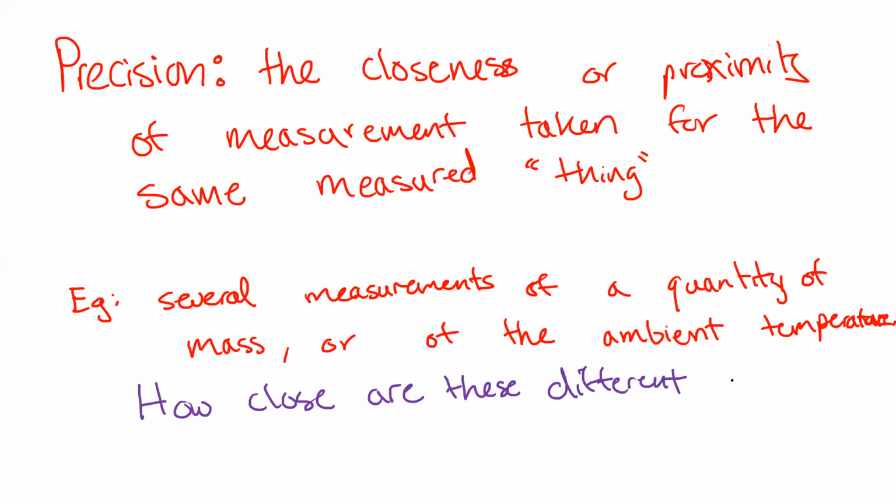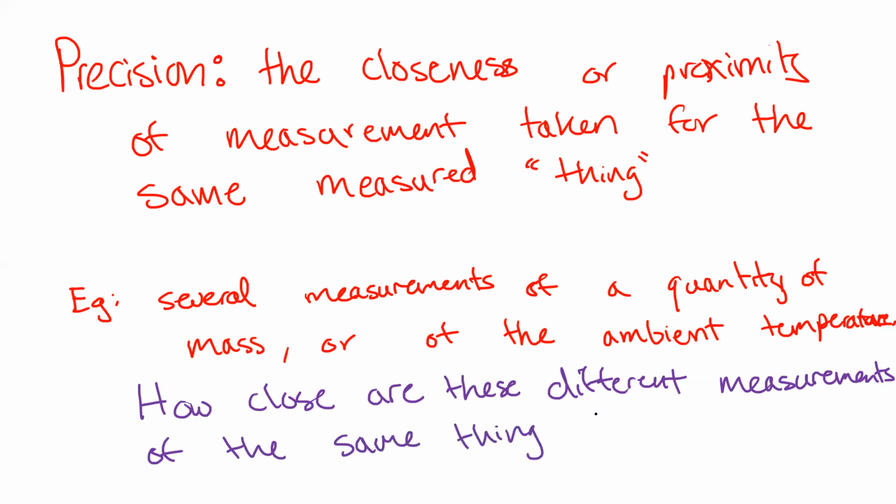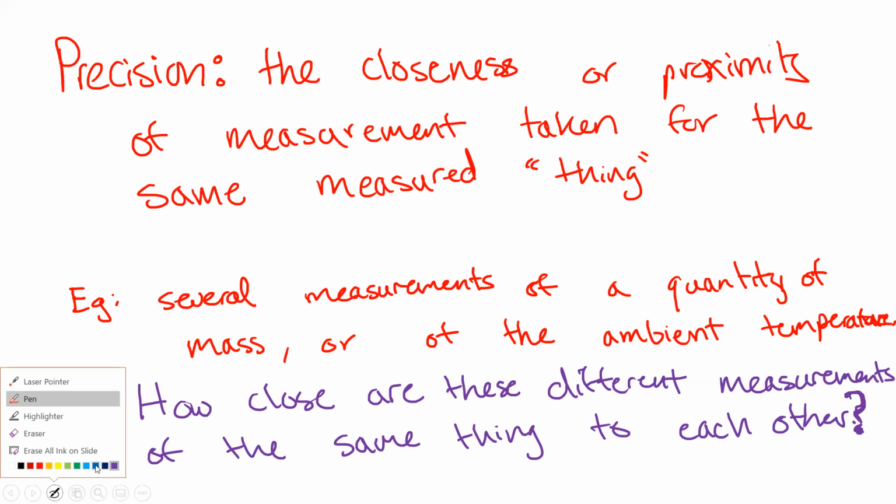Because we've taken different measurements of the same thing. So we want to know how close they are to each other, because ultimately the goal is to actually determine what is the quote unquote real value, right? We can't just come up with a number. We have to actually determine it some way. So we measure it several times and then statistically say, to our best effort to measure, this is what we think the real value is.